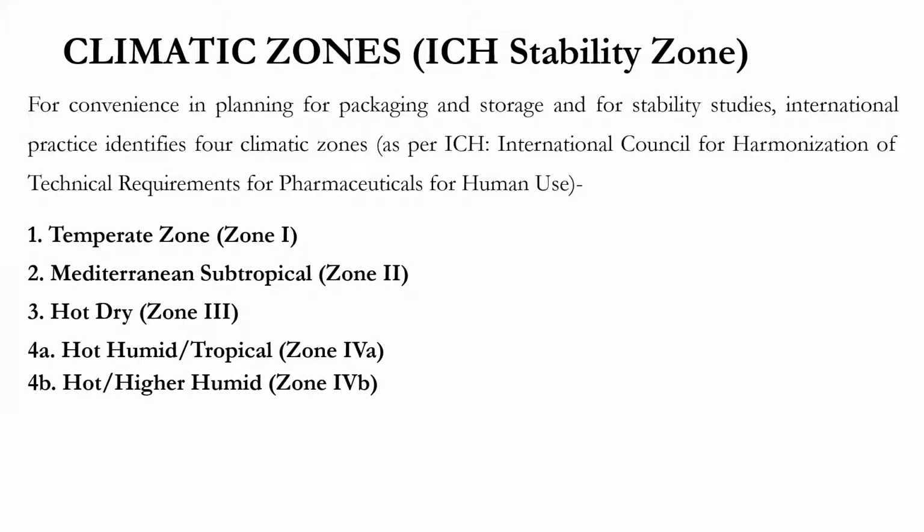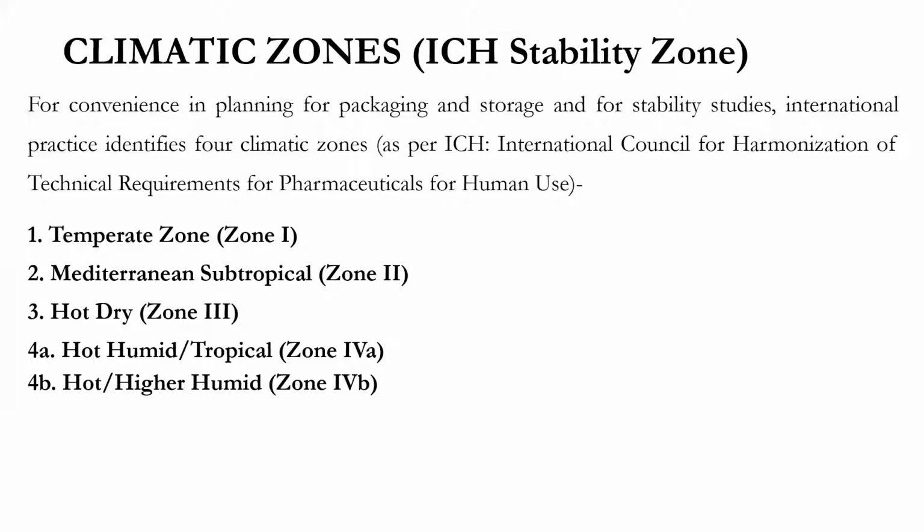And now we have to understand what the climatic zones are as per the ICH, the International Council for Harmonisation of Technical Requirements for Pharmaceuticals for Human Use. By ICH, the world has been divided into four main zones: temperate zone, Mediterranean subtropical zone, hot dry, and hot humid.